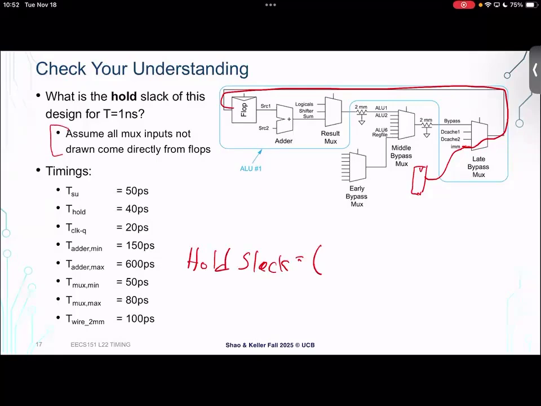We need to account for the clock to Q delay of this hypothetical launch flop here, and then the min logic delay. And we need to see if that exceeds the hold constraint.